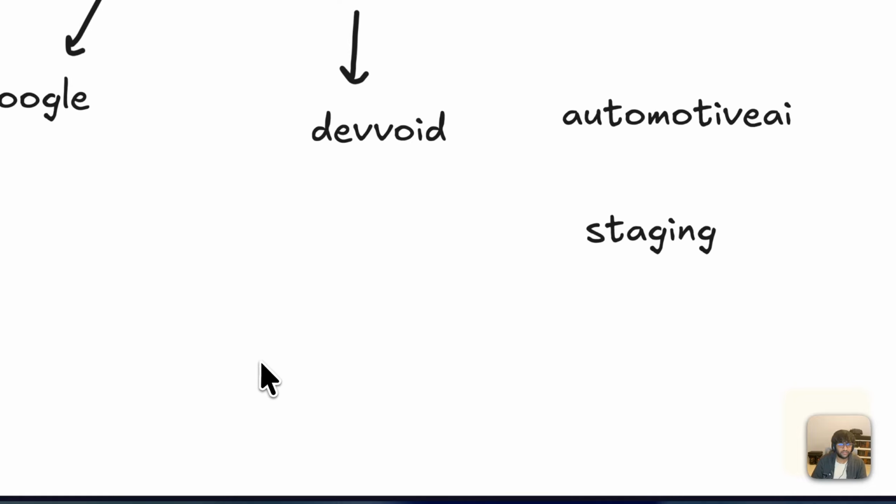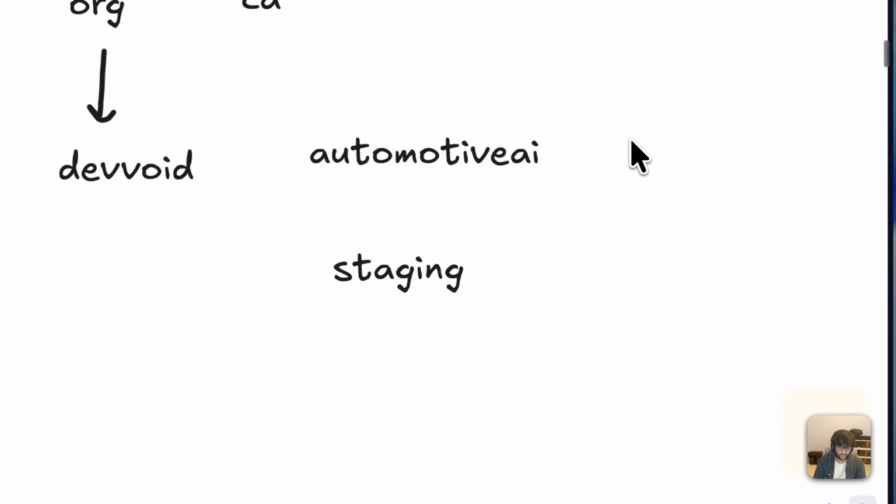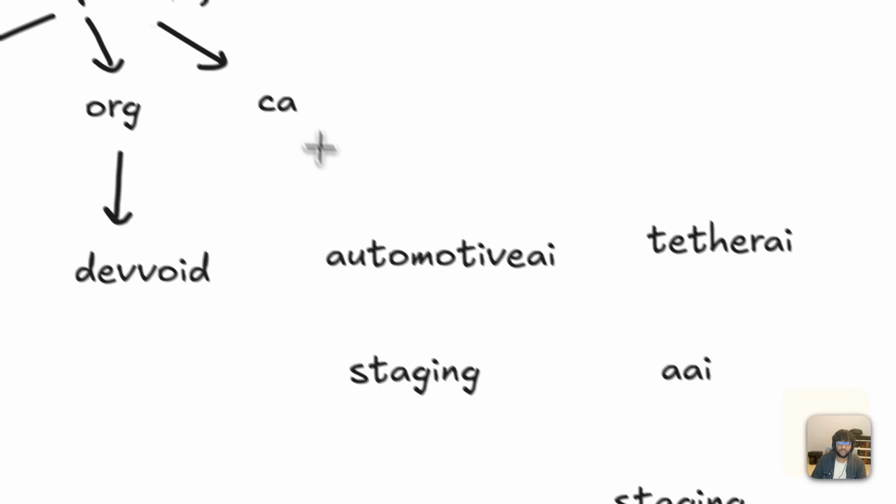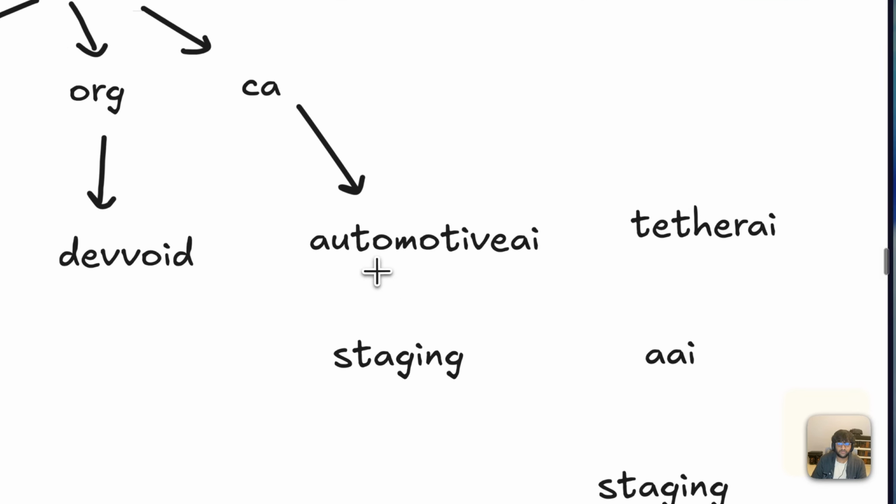Similarly, just to make our life easier, let's use the other one as well, tether.ai. Then AI, and finally, again, staging. So this is how the mapping, or the tree structure, looks.